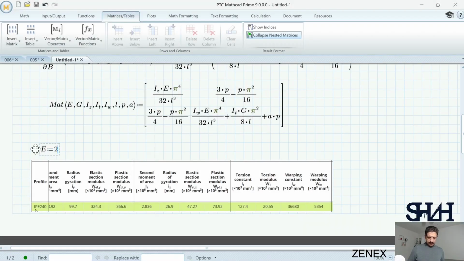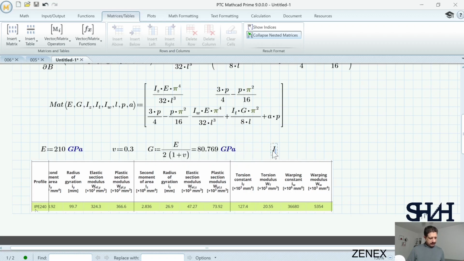E is 210 gigapascal. Poisson ratio 0.3. G is E divided by 2 times 1 plus nu, 80 gigapascal.